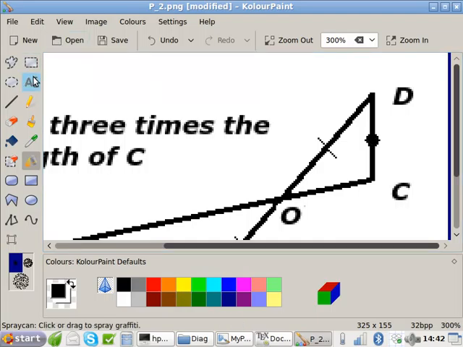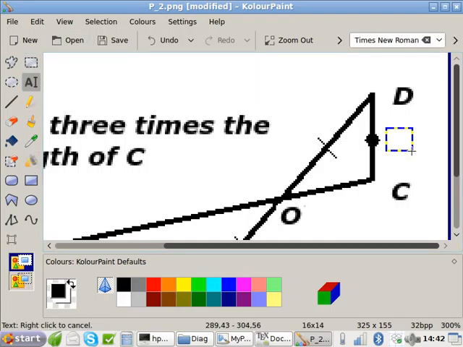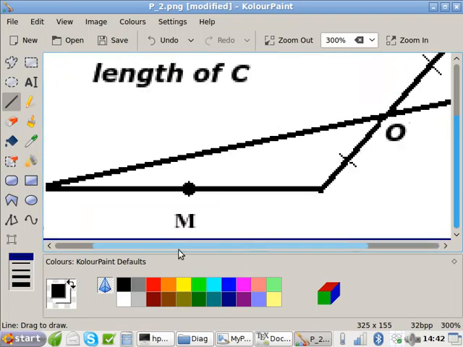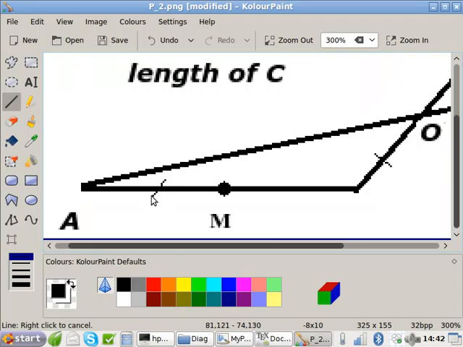I'm just beautifying my diagram to include M and N now. Look, this is great, alright? This is Paint at its best. Pink. Why pink? Because it's awesome.